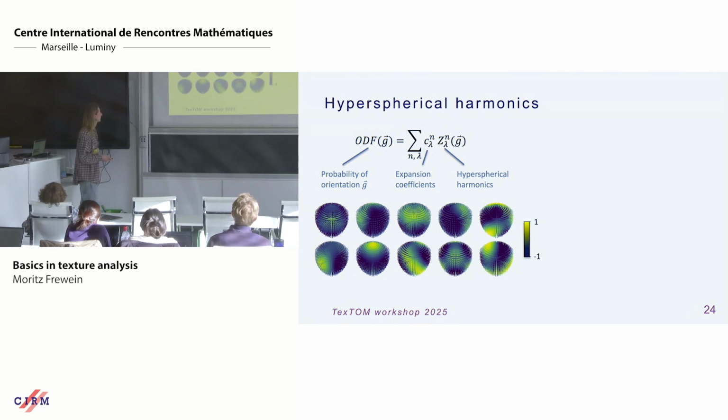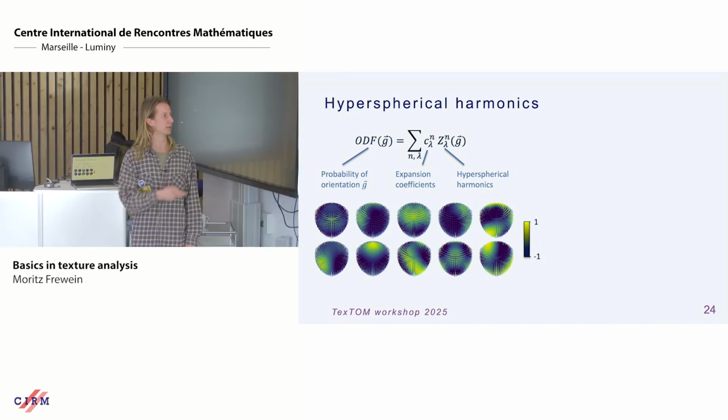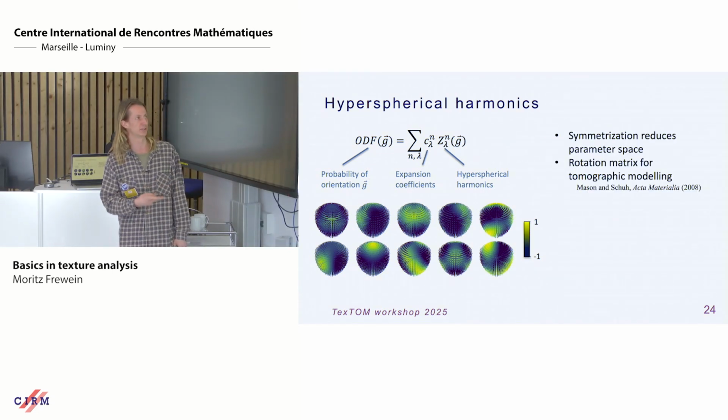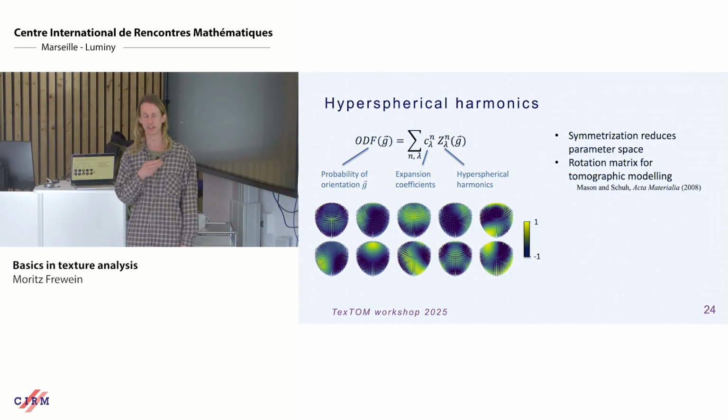So these are actually representations in axis-angle space, as we were talking about before, and these have some nice properties we can use for texture tomography.